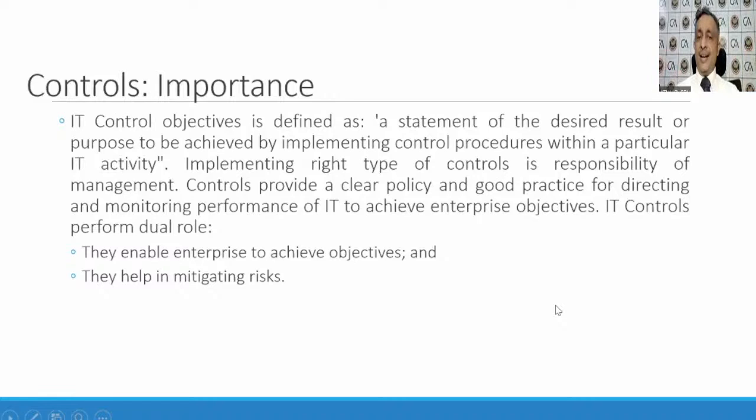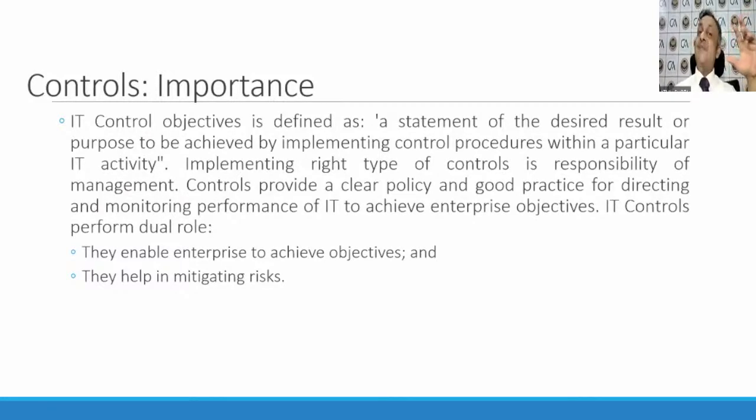IT controls enable entity to achieve objectives. A statement of desired result or purpose to be achieved by implementing control procedures within a particular IT activity is what we want to achieve. Implementing the right type of control is the responsibility of management. Good. Which auditing standard am I referring to? Ours is a king subject.